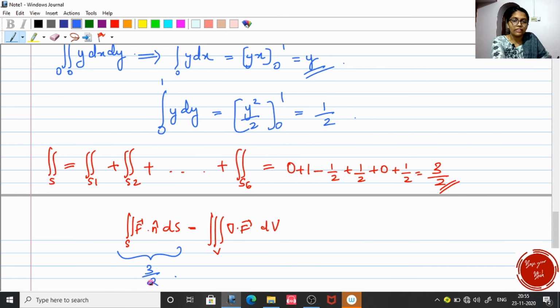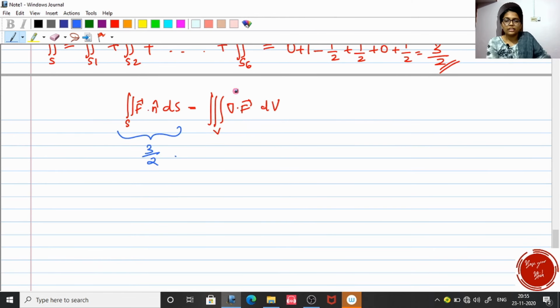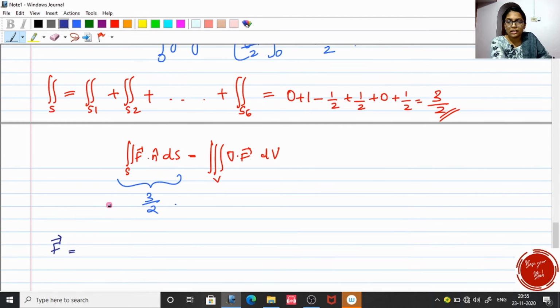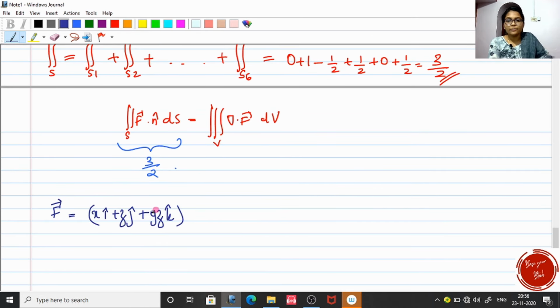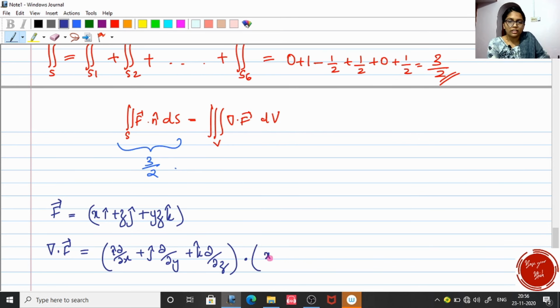Now we have to verify this Gauss Divergence Theorem, that is we need to do the triple integral of del dot f. So f is available for us. This is your f value, and let us take the divergence of this f. Del is i dou by dou x plus j dou by dou y plus k dou by dou z, dot xi plus zj plus yz k.